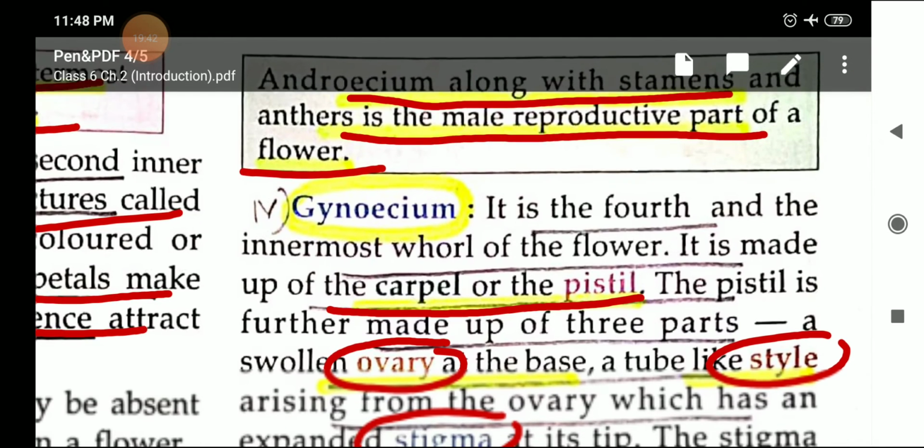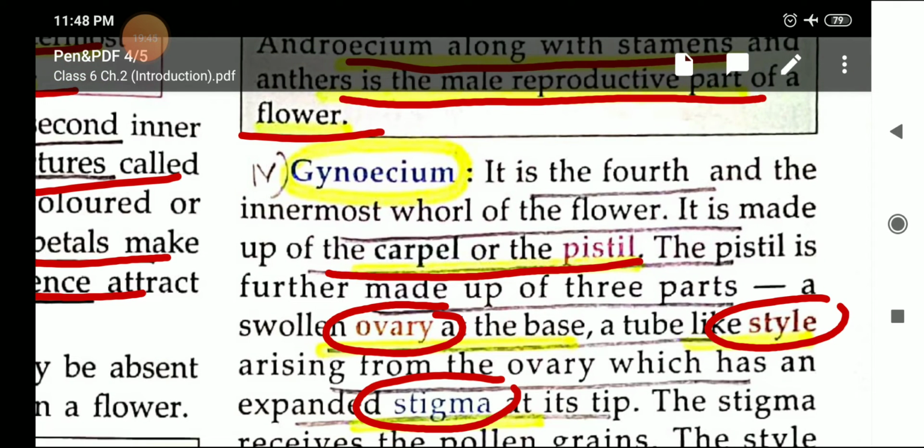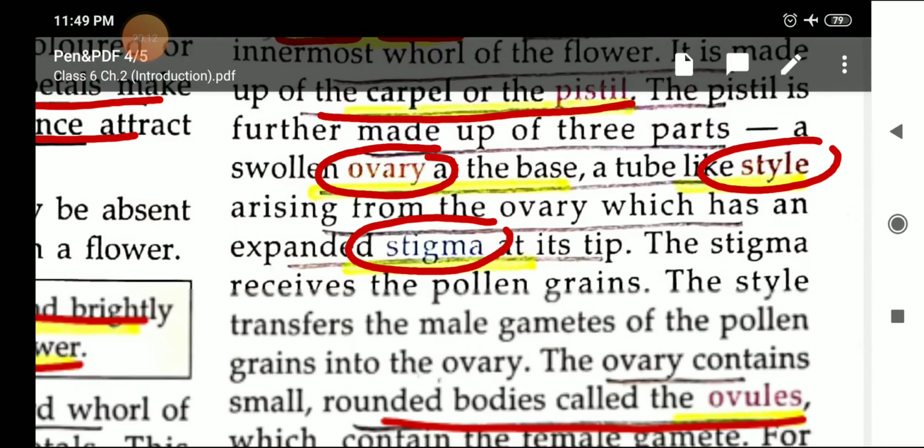Now the fourth part, that is gynoecium. Same way you can learn the spelling of gynoecium. Break it into two parts, gynoecium. E is silent here, so you can learn the spelling. Now gynoecium is made up of carpel or pistil, and each carpel or pistil has three parts: stigma, style and ovary.